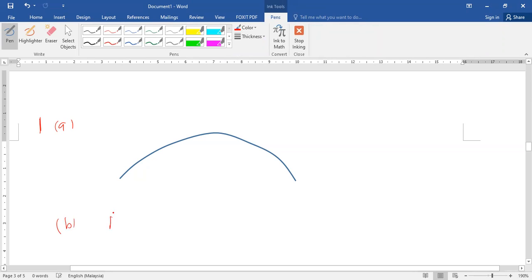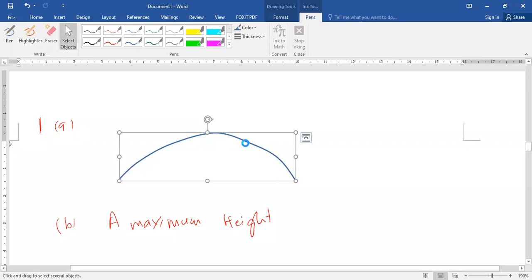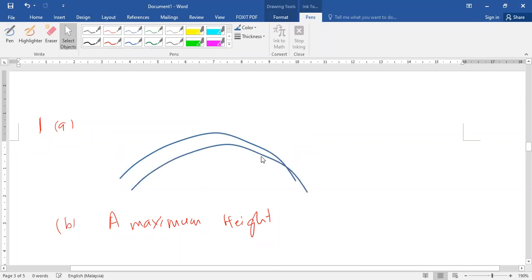So at the maximum height. Why at the maximum height will it be the slowest? Now we look at here.